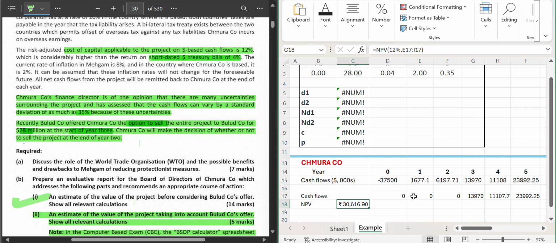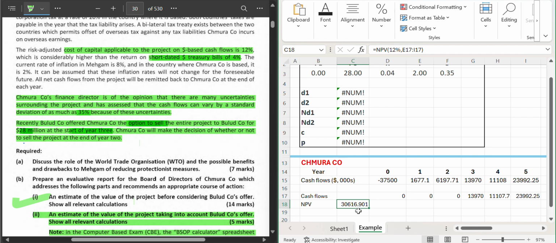One important thing: when I'm saying you have to take present values of cash flows after year 2, that doesn't mean you will ignore the values from year 1 and year 2. If you are using the NPV formula, then you have to assume all the values for year 1 and year 2 as 0, and we do not include the year 0 value here.